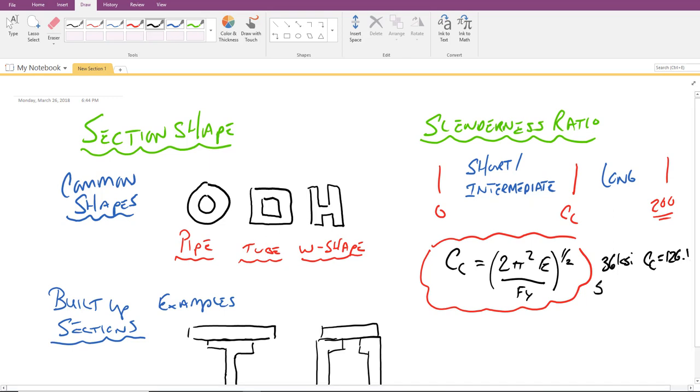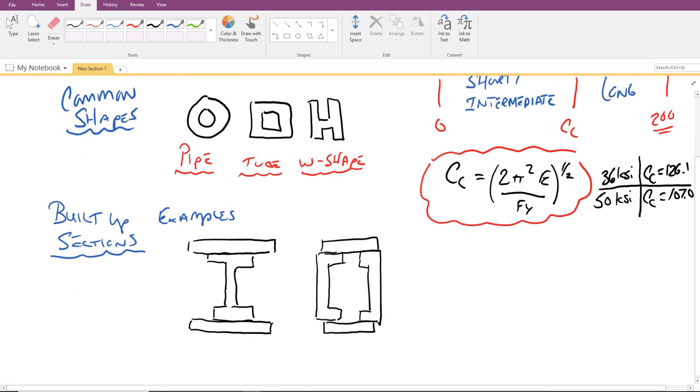For high strength steel, or 50 KSI steel, when you plug that into the equation, C sub C equals about 107. And note that there are no units on this. These are dimensionless numbers. But those are the breaking point values for where we determine where our short and intermediate columns end, and we switch over to our long columns.